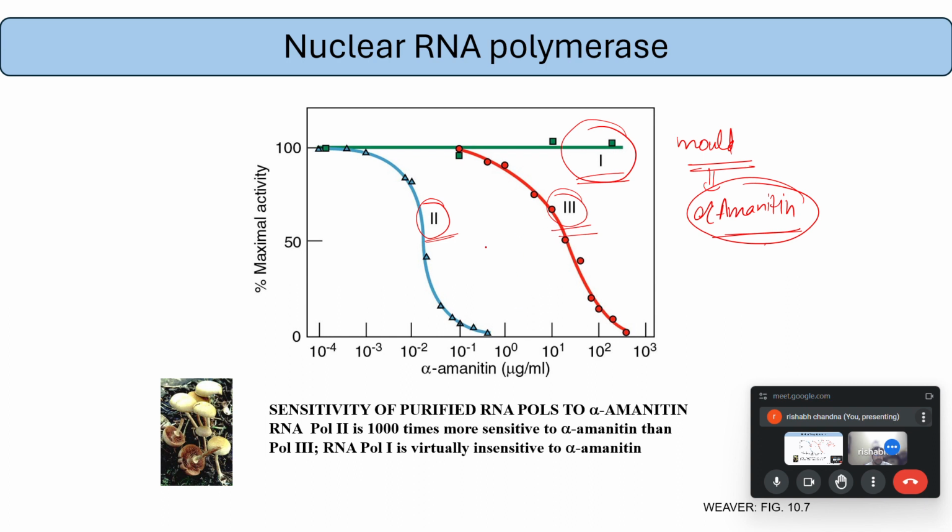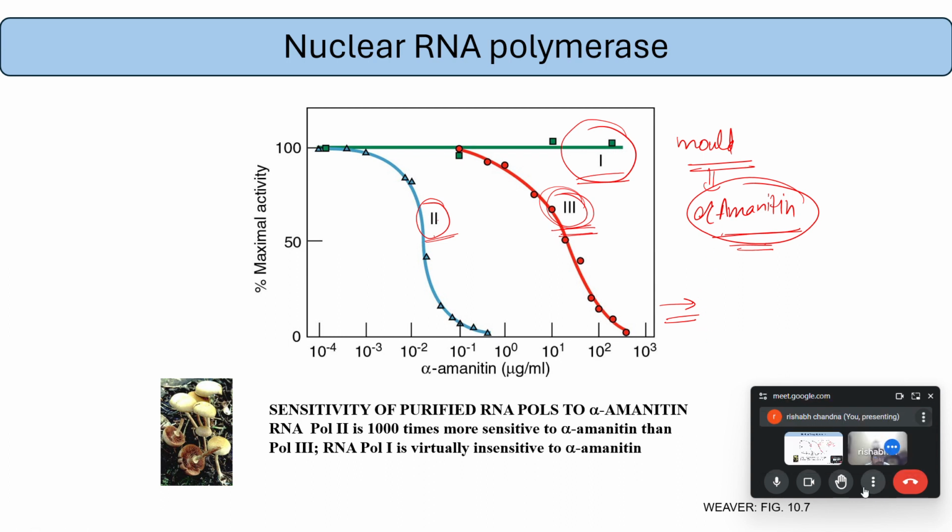RNA polymerase 2 is 1000 times more sensitive to alpha-amanitin as compared to RNA polymerase 3. This is a basic thing to distinguish different RNA polymerases on the basis of toxicity.